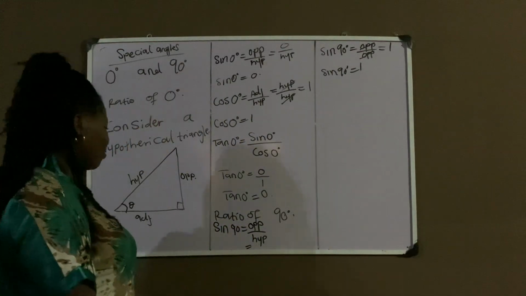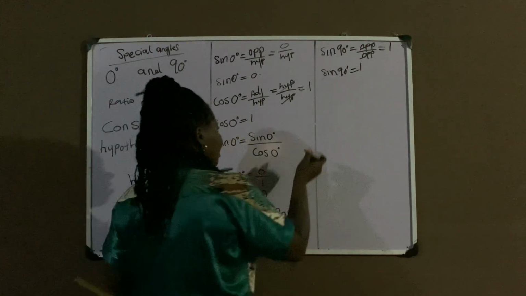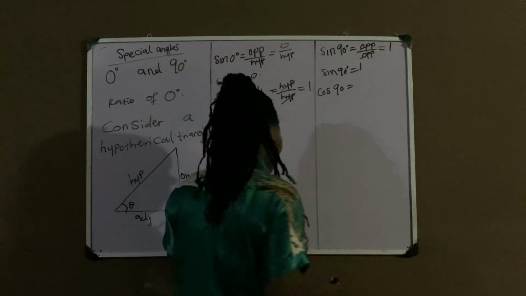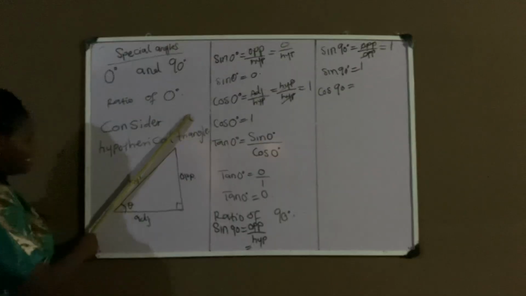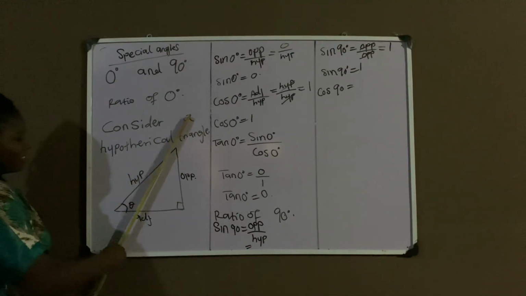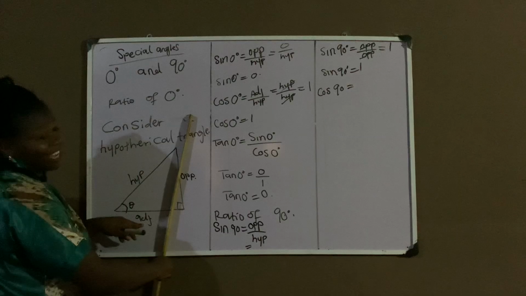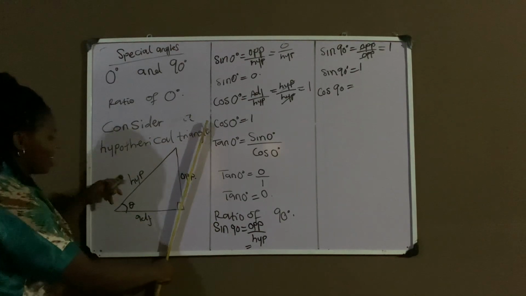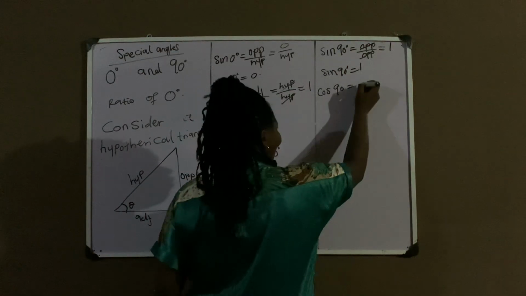Then the next one we are to consider is cos 90 degree. Remember, when we move this, theta is trying to approach 90. You see that the adjacent is becoming 0, and the hypotenuse is becoming the opposite.